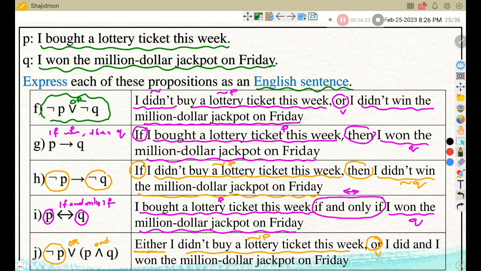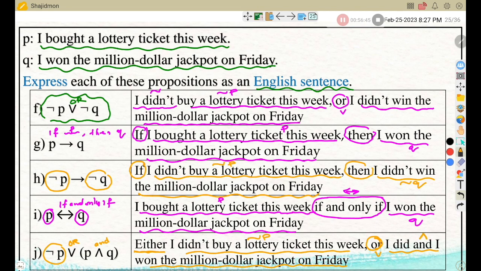Either or means either or. So either I didn't buy a lottery ticket this week, or the second one, p and q. P means I did, and I won a $1 million jackpot on Friday. Because I did and I won, I write it together, because here it is and, correct.